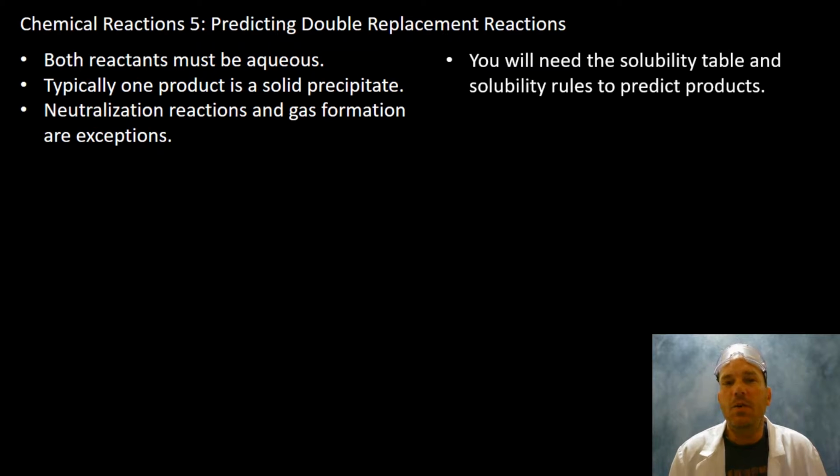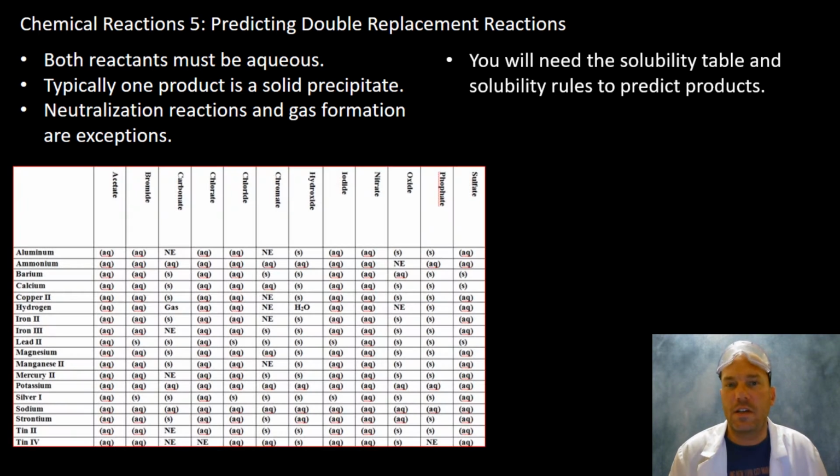Now, I need you to go find your solubility rules and your solubility table that were given to you in class. You should have those readily available or taped or attached inside your composition notebook. You're going to need those to predict products and see if these reactions actually occur. I'm going to show you how to use this, but it's fairly intuitive.